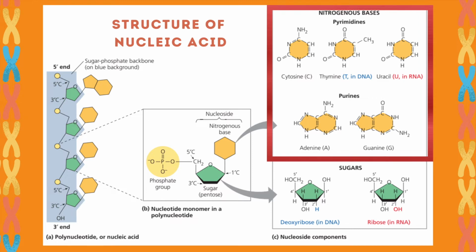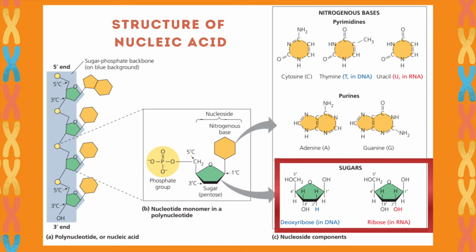Adenine and guanine are classified as purines, which have two rings in their structure, while cytosine, thymine, and uracil are classified as pyrimidines, which have a single ring as their primary structure. These nitrogenous bases are simply known by their symbols A, T, G, C, and U.